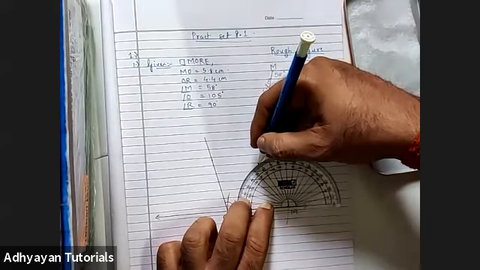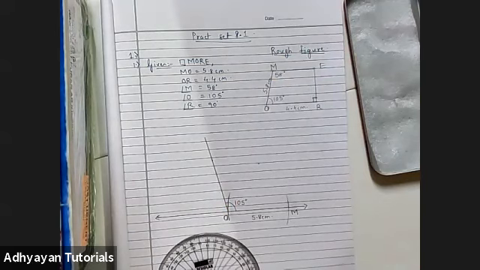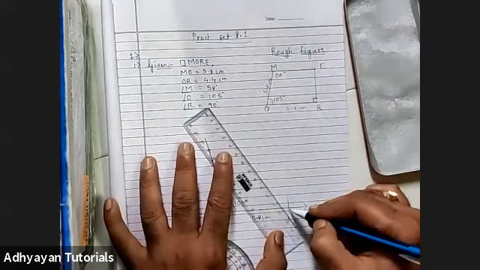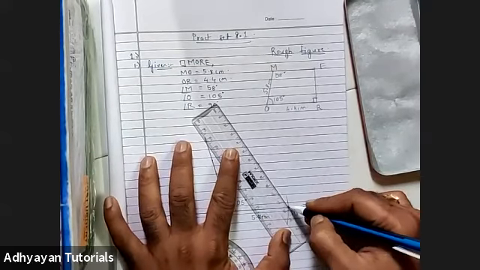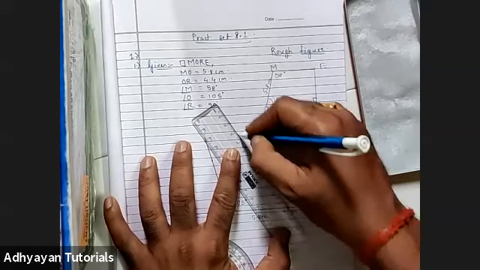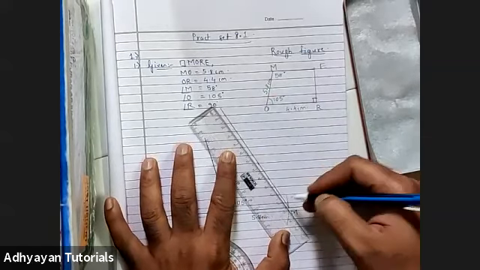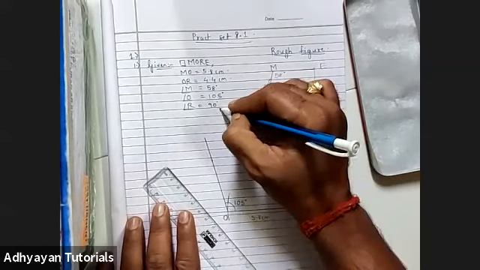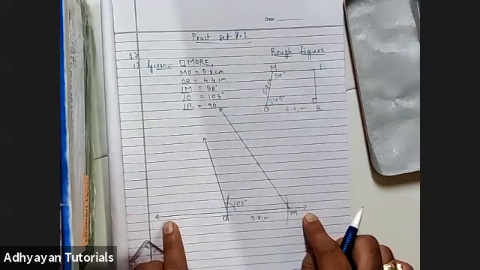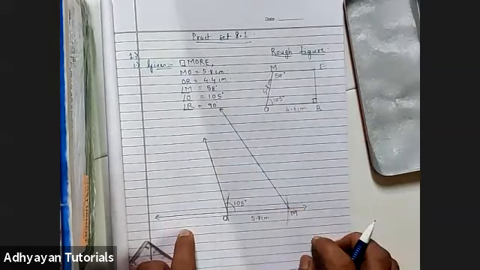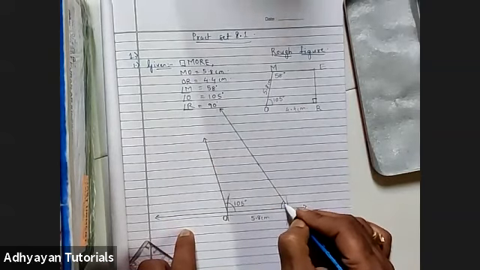So I've got that 58 degree. Something like this, right? So I put an arrow here, I put an arrow here. Make sure you put arrows at the end of the lines, right?